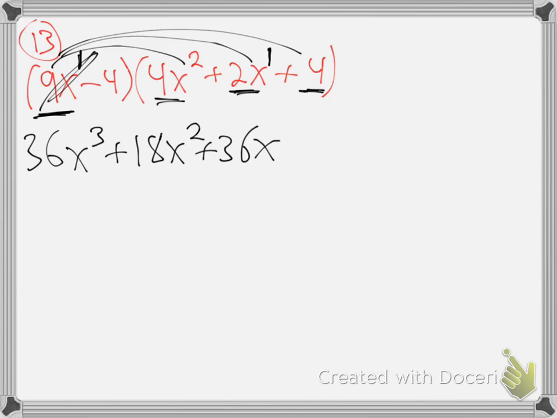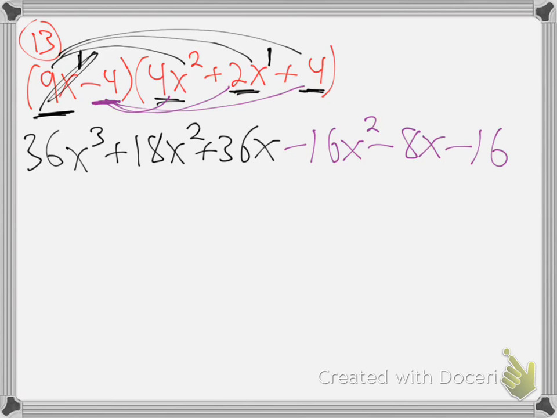First to all 3. Now the minus 4, it's his turn. He's going to go to all 3. Boom, boom, boom. Again, out front numbers multiply, powers add. Minus 16x squared minus 8x minus 16. Good so far?